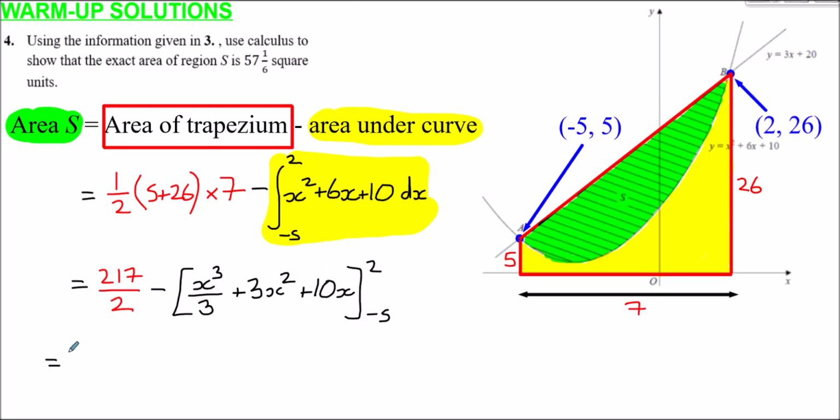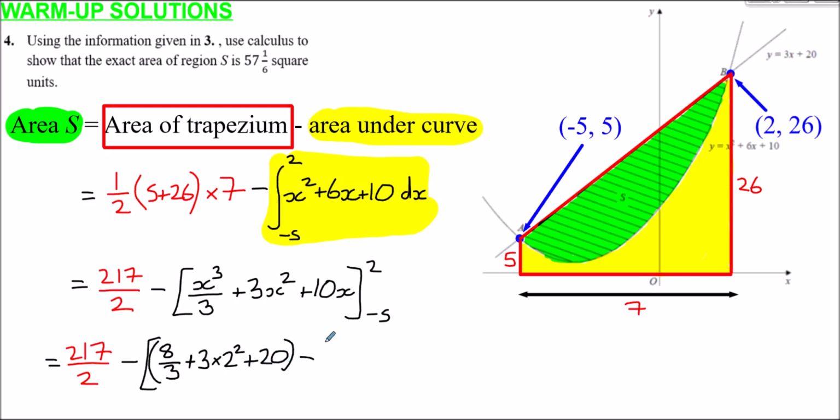So just doing it step by step, nice and slowly. 217/2. I'm going to subtract off everything here. So when x is 2, x cubed is 8, so that's 8/3 plus 3 times 2 squared plus 10 times 2, which is 20.